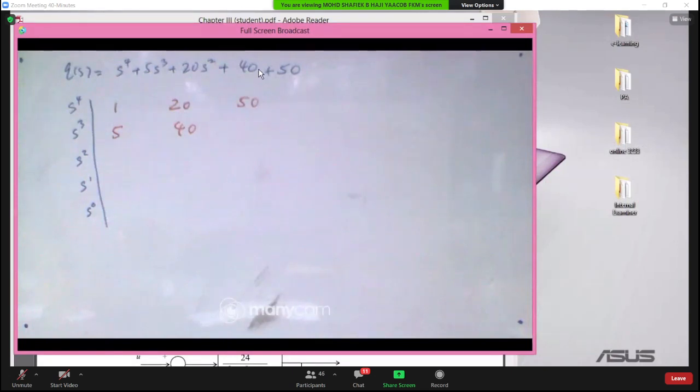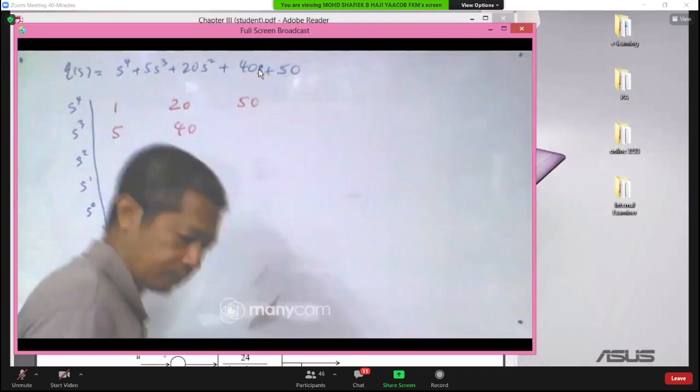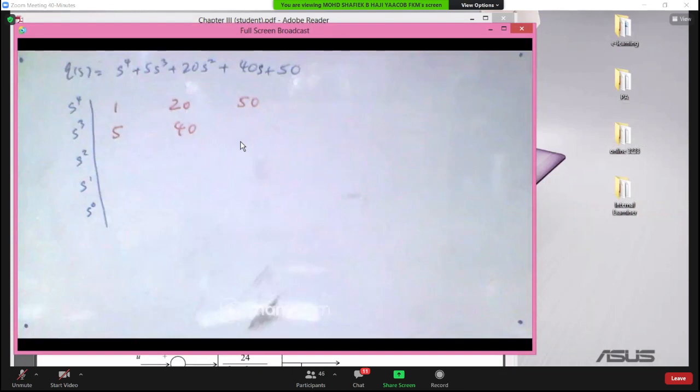40s, yes. The second row, you start with the second coefficient, 5, and you jump to the next one, 40, and there's no more there, so there's just 0. So now you need to compute B1, B2, C1, C2, D1, and D2.